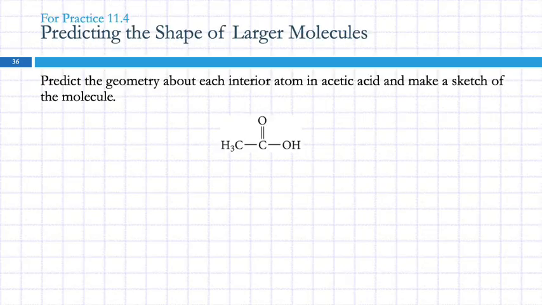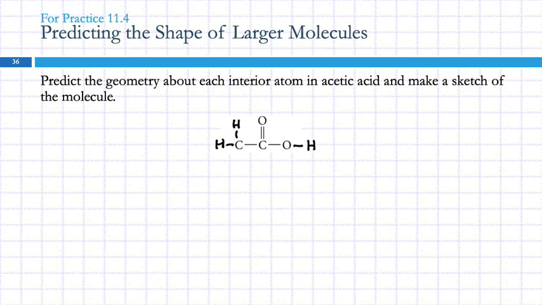So let's do this one, and then we'll call it a day. So we really need the Lewis structure, and this is not the Lewis structure, so I'm going to fix it a little bit.